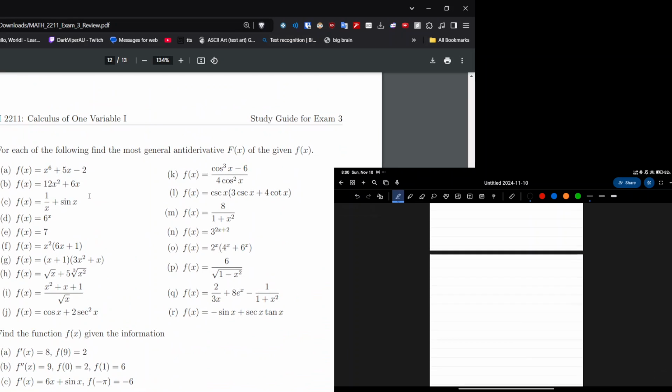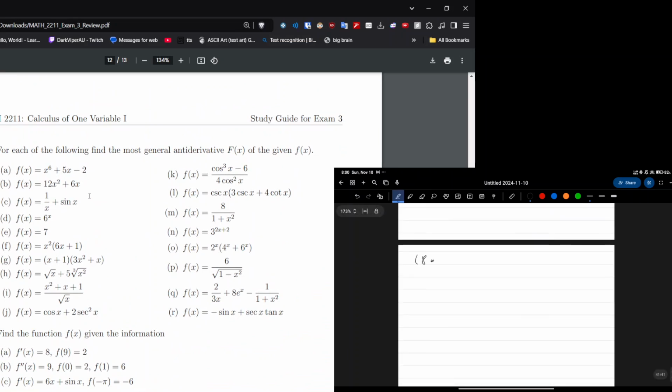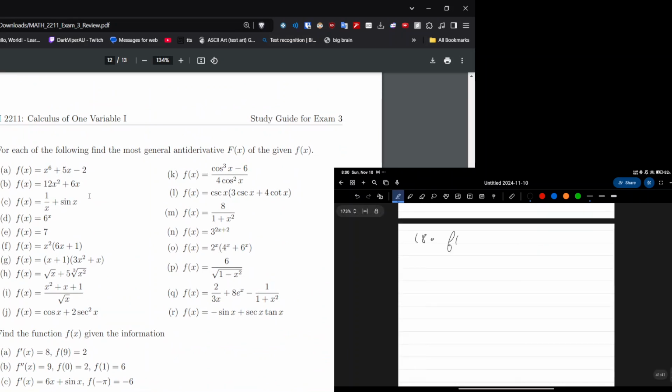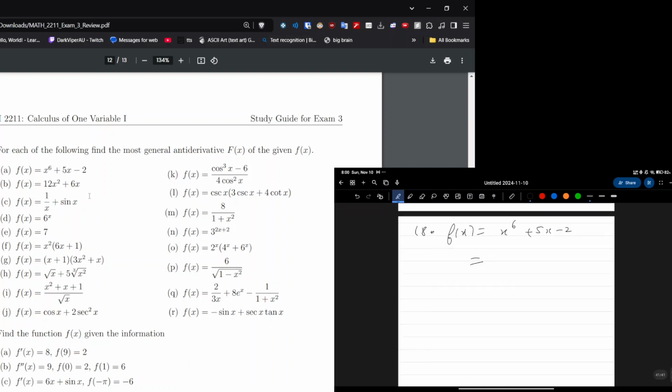Okay, finding the most general antiderivative. f(x) equals x cubed plus 5x minus 2. Now, the antiderivative is: increase the power by 1 and divide by that new power. So x to the power 4 divided by 4, plus, constants come out. This was 1, increase the power by 1, divide by that power, and if it's a constant, it comes up with an x.